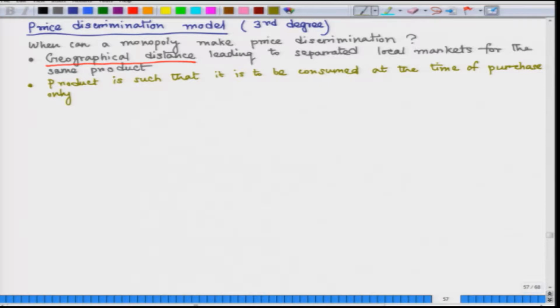So, there could be another case where the monopolist can successfully discriminate.